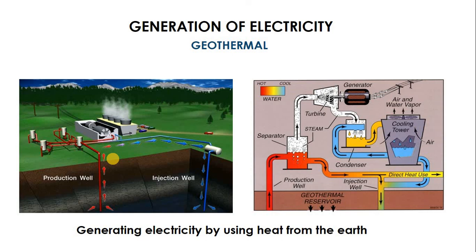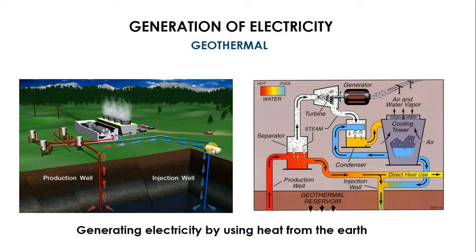Okay, so next we'll look at geothermal. Like I said earlier on, geo stands for the earth, thermal stands for heat. So in this case, we are talking about producing electricity using the heat energy from the earth. Now, in order to do this, we have to channel the pipe into the earth and then bring it out.